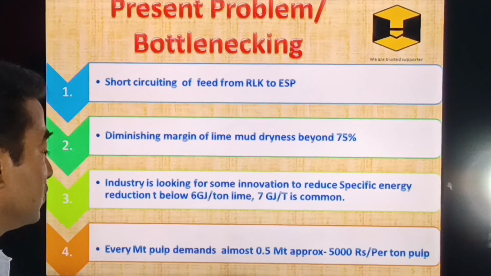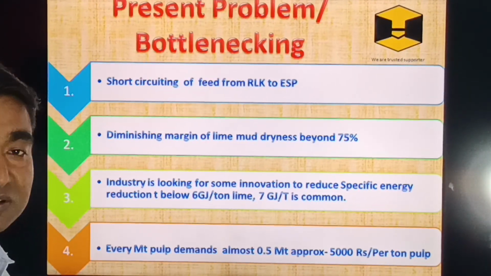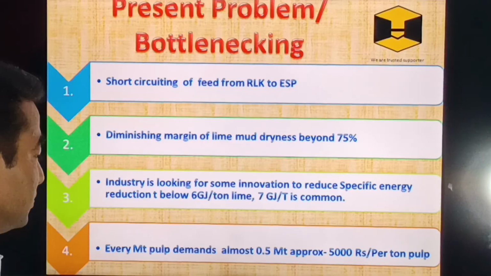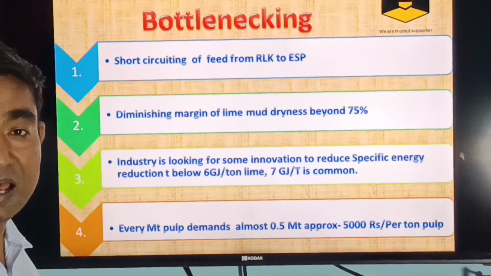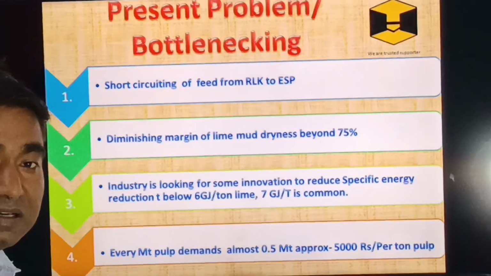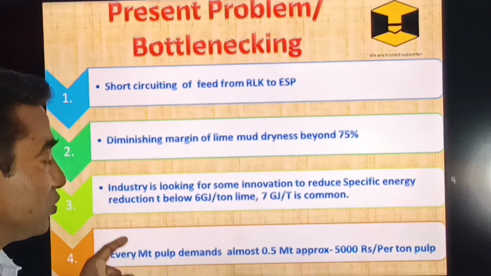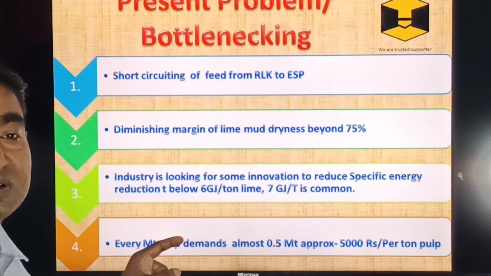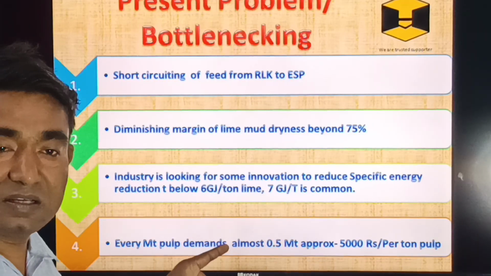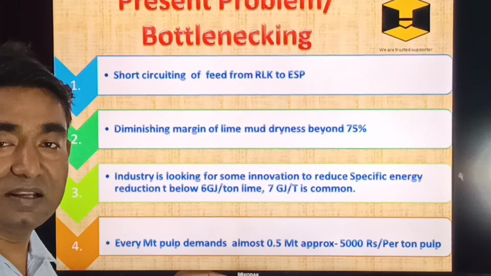Industry is also looking for some innovation to reduce this specific consumption to between 6 and 7 gigajoule per ton lime, because in most of the industry energy consumption is more than 7 gigajoule per metric ton lime.